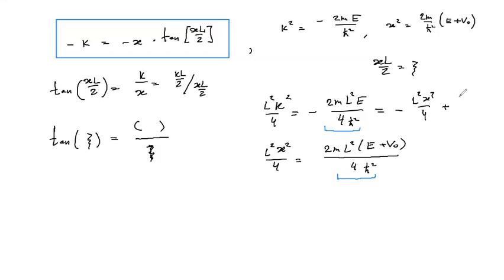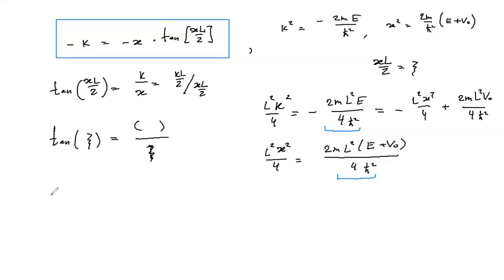Plus 2m L square V naught over 4 h bar square. So this would be a nice relationship for me. Check it at home. It should be clear that this energy can be related to this guy minus the V naught term, because they are the same. It will help me to find the numerator.